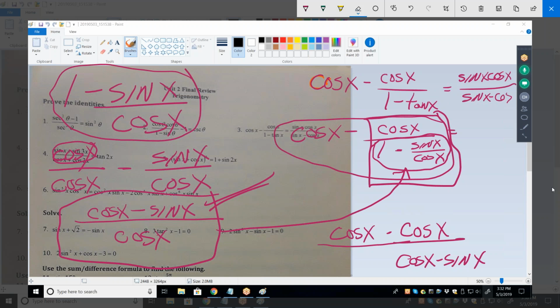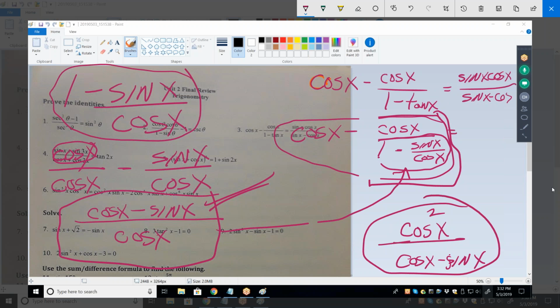Actually, no, it doesn't. One of those cosines, excuse me, hold on. Cosine x minus sine x. It does give me cosine squared of x. So this whole thing I have in square here becomes this. So let's replace everything we have there.